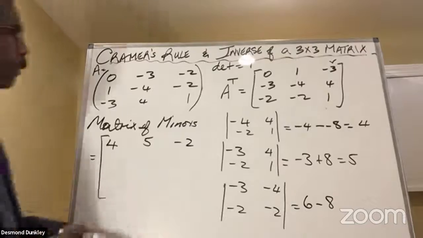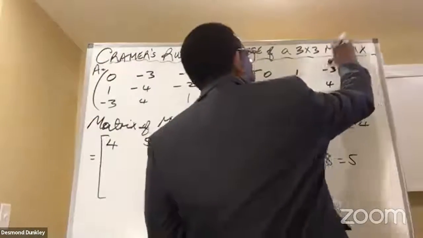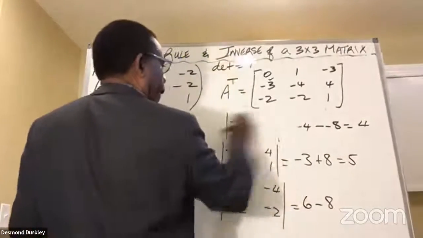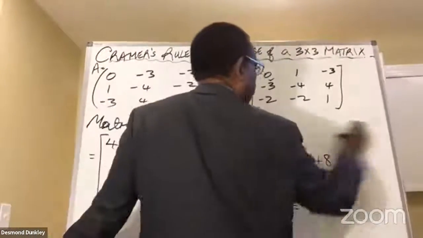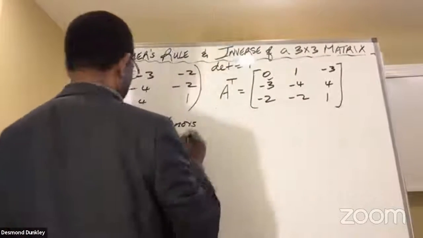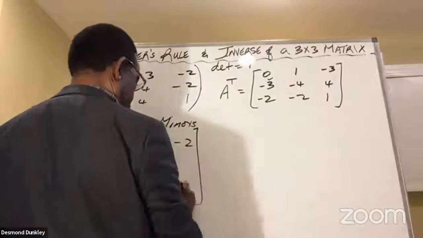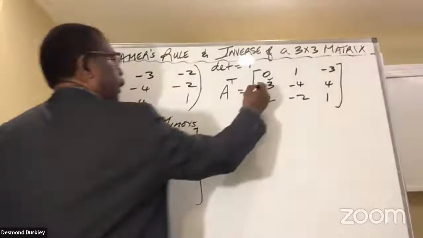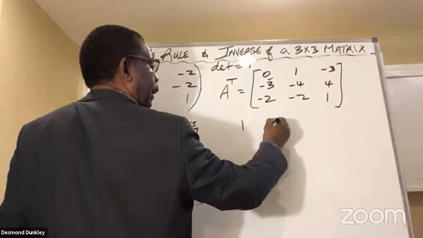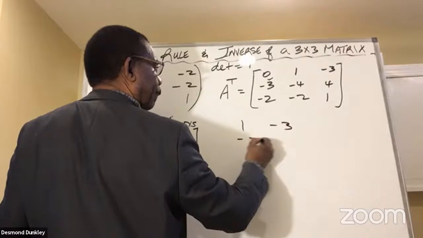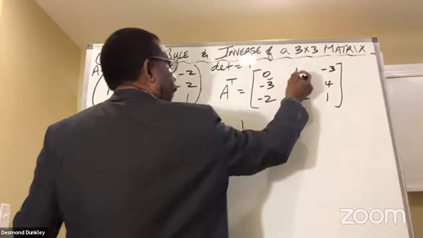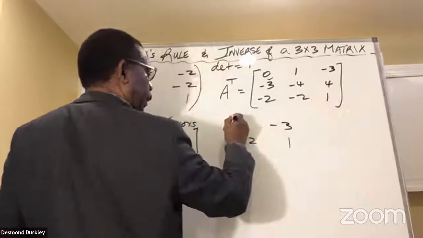Now we're going to go to the second row, and the process is the same. We cross out this row, cross out this column, so we end up with 1, negative 3, negative 2, 1.